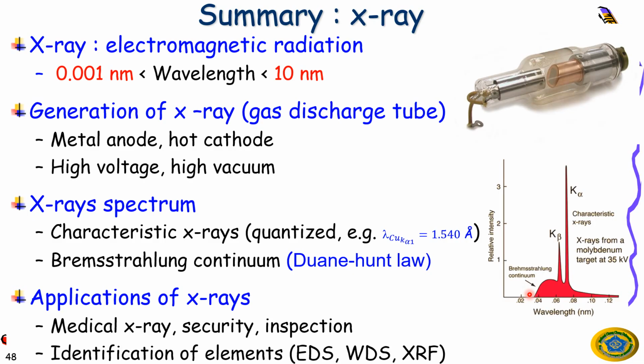You already learned this, and we follow Duane-Hunt law, we can find the points here. So this is the X-ray spectrum.